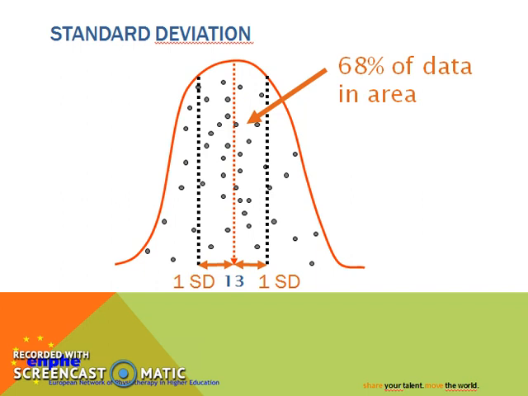The center of that interval is the average. Because of the calculation, it is sure that 68% of the outcomes of the study are within this area. So we can describe 68% of the results using this area.